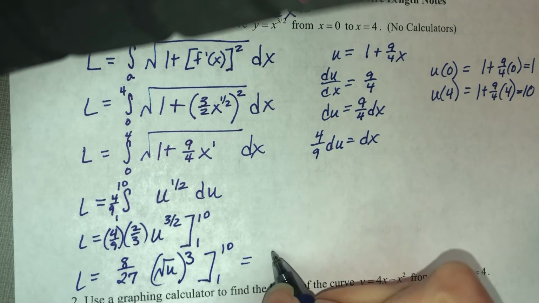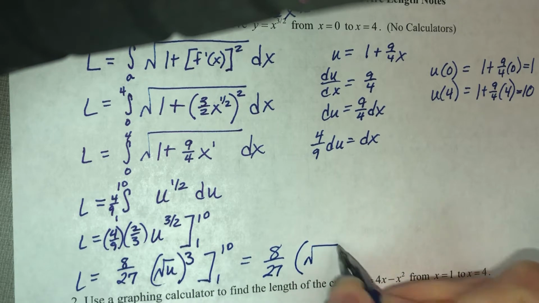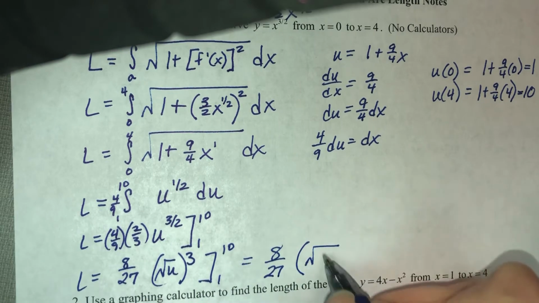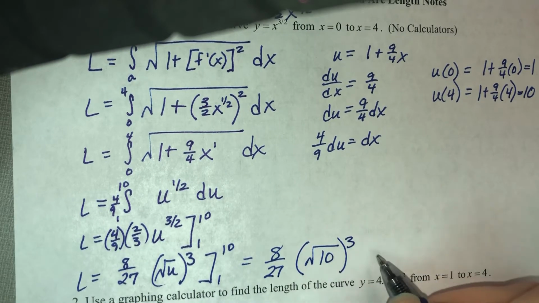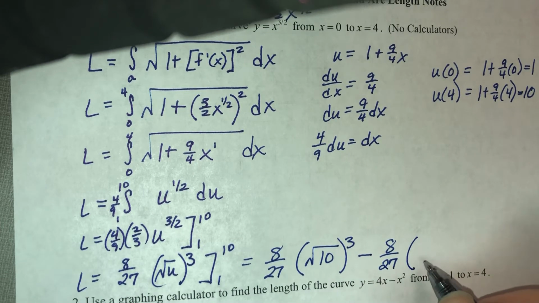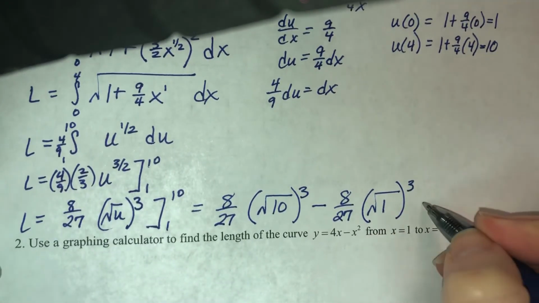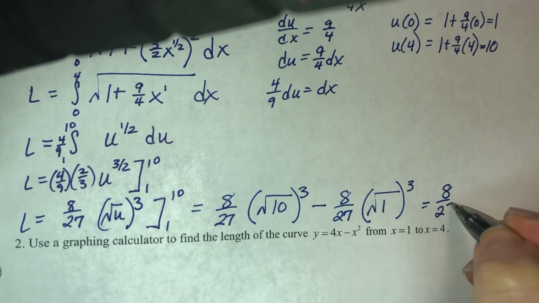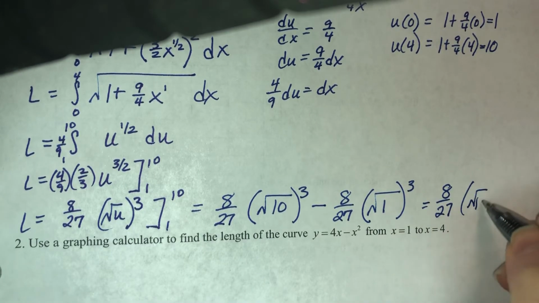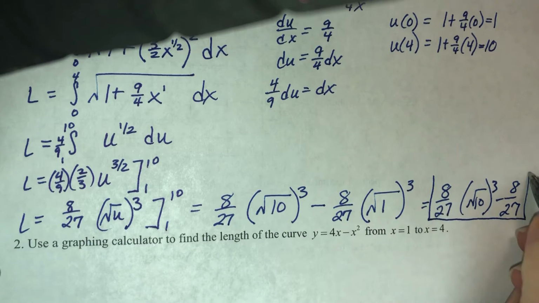So this is going to be 8 over 27 times the square root of 10 cubed minus 8 over 27 times the square root of 1 cubed, and we can do the square root of 1, that's just 1. So this means it'll be 8 over 27 times the square root of 10 cubed minus 8 over 27. And that is the answer to this problem.